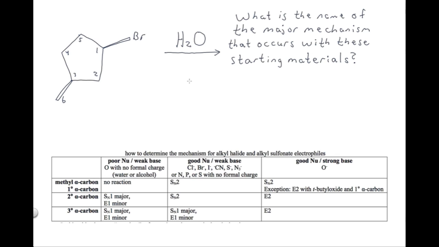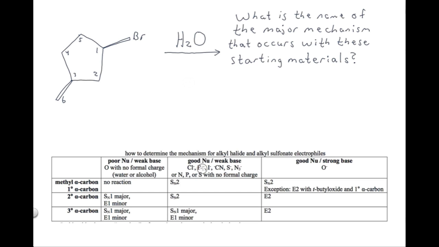Well, we should definitely check to see if anybody has a negative formal charge. Anybody with a negative formal charge would likely be a better nucleophile than water. But again, there are no negative formal charges in these starting materials. In fact, there's nobody around who's a better nucleophile than water.